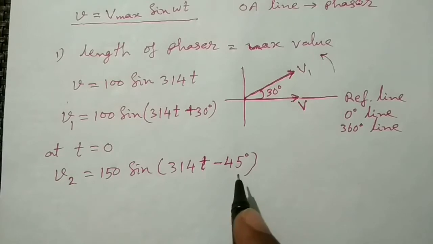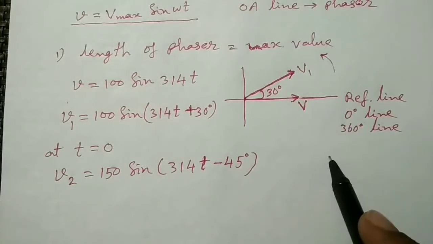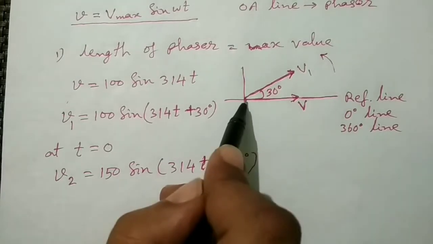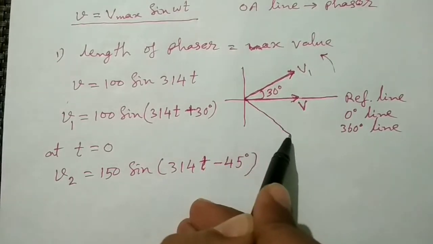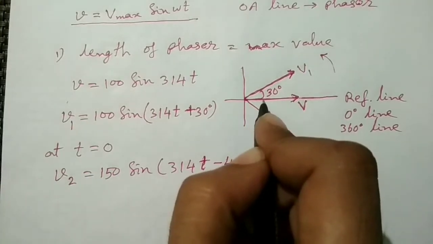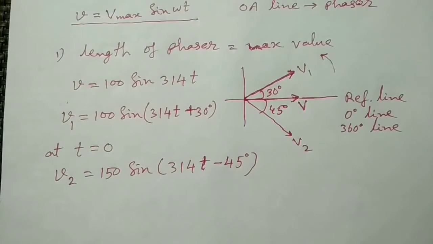And minus means it is below the reference line, because for clockwise rotation we consider the value as negative. So the minus 45 degree means it will be in the fourth quadrant. So here it will be V2, and this angle will be 45 degree. So this is the concept of the phasor.